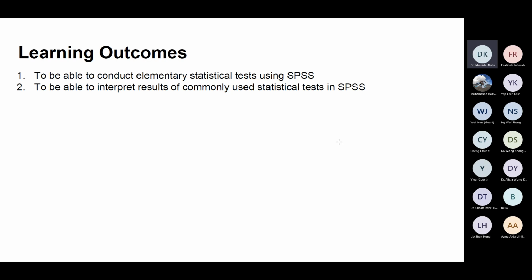It is very important to understand the elementary statistical tests using SPSS. So it reflects the learning outcomes of the second session, which is to be able to conduct elementary statistical tests using SPSS, and after you can do the test, you must be able to interpret the results of commonly used statistical tests in SPSS.